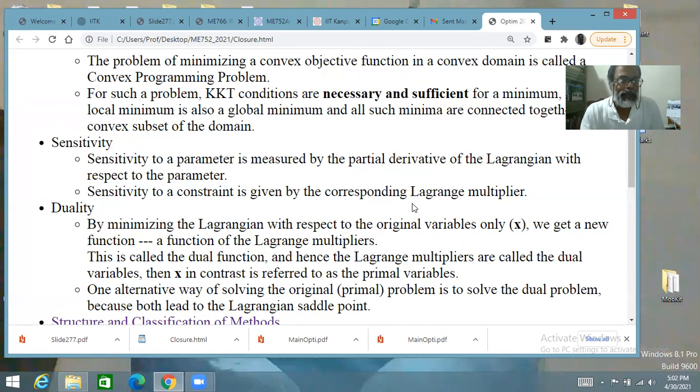Now the third topic which I plan to discuss in this next batch is duality, and it's a very interesting concept. I actually feel a little sad that I could not cover these topics, convex programming and duality.